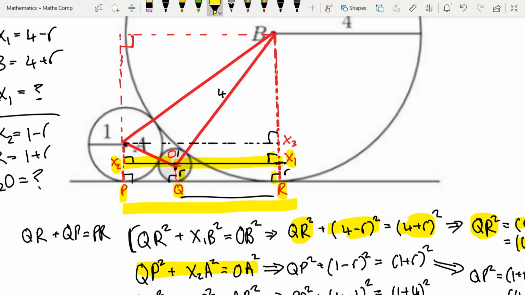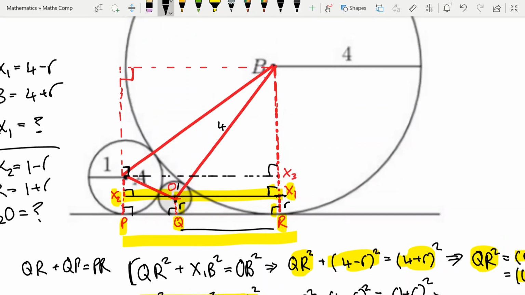There is one more final right triangle we need to do sums on, and it's the triangle ABX3. If you move this line up and let it be perpendicular from A and go across all the way to the other side, you get a right triangle with hypotenuse 1 plus 4, so the hypotenuse is 5.